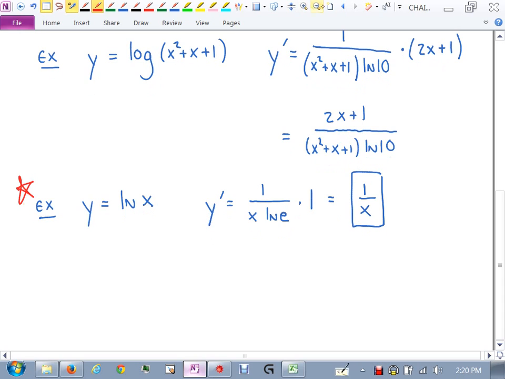Let's try another one of these natural logs, but this time what's inside won't be so simple. What if y is equal to negative natural log of cosine x?